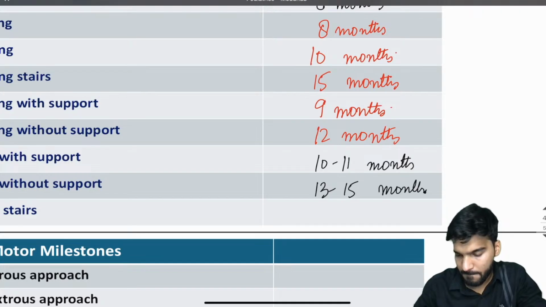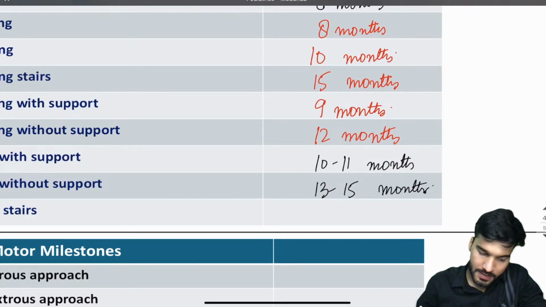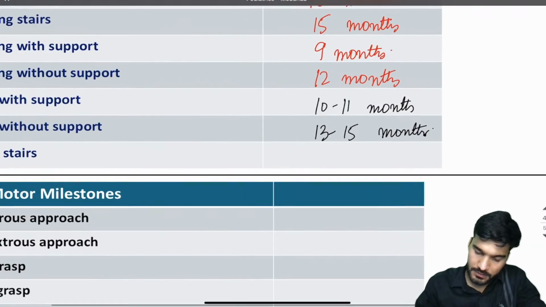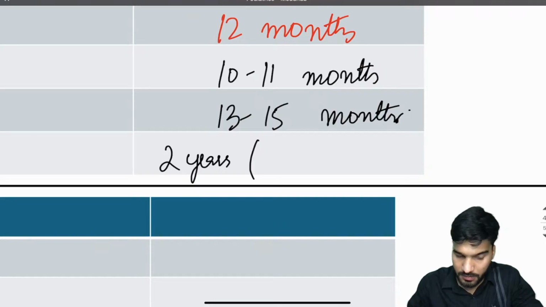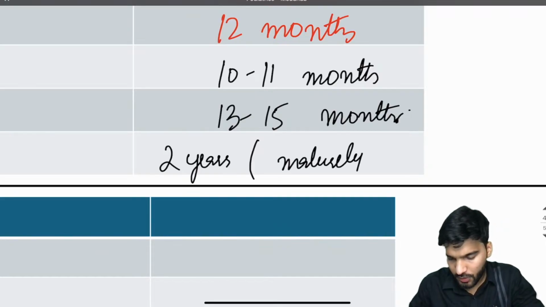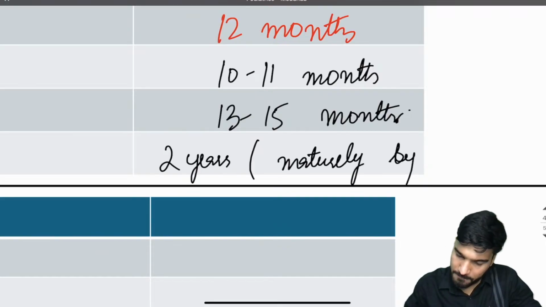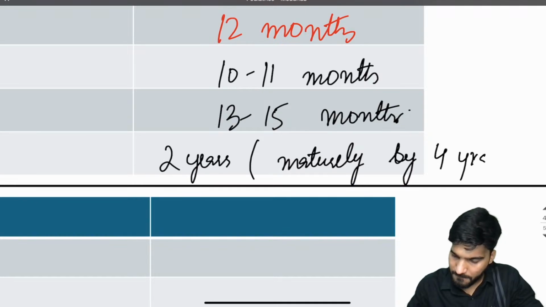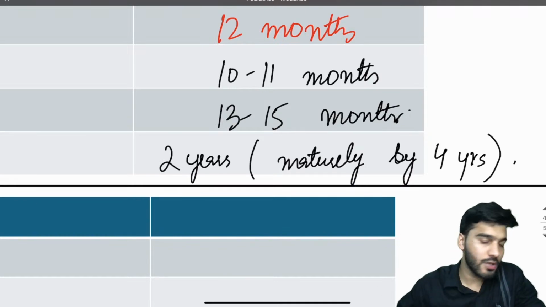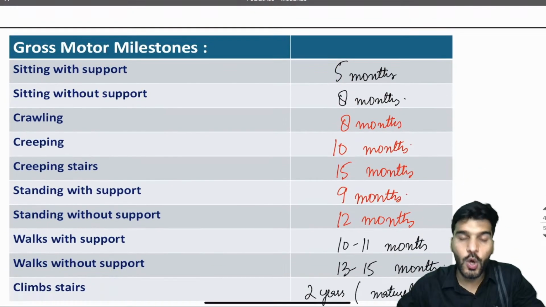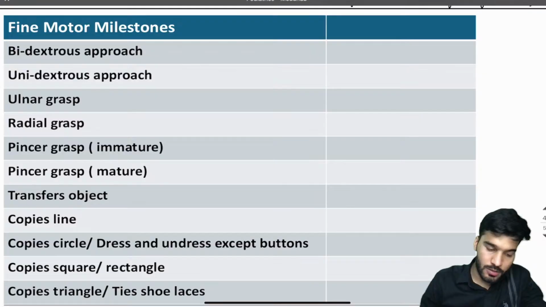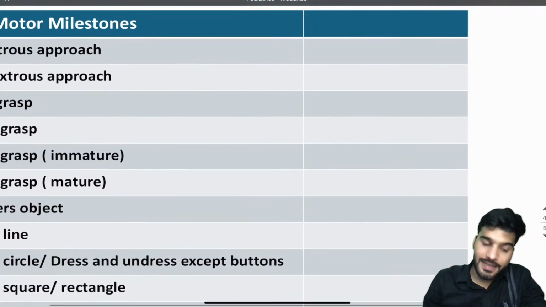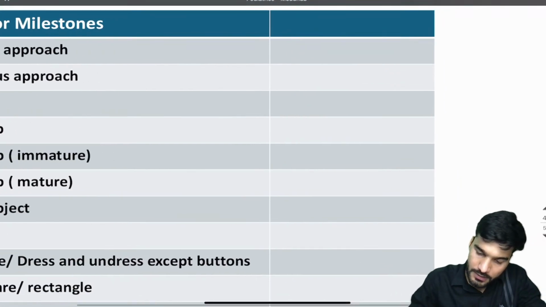Climbing stairs is 2 years, but mature by 4 years. These are all the gross motor milestones. Now, if we talk about fine motor milestones: bidextrous approach is 4 months.